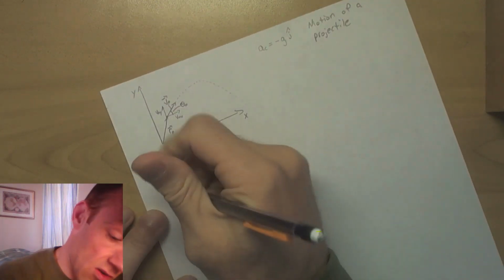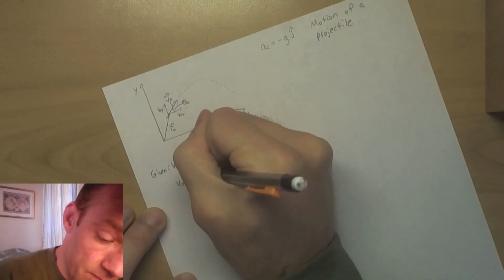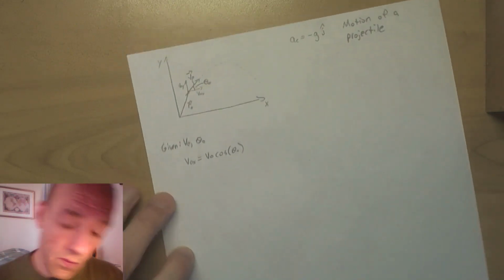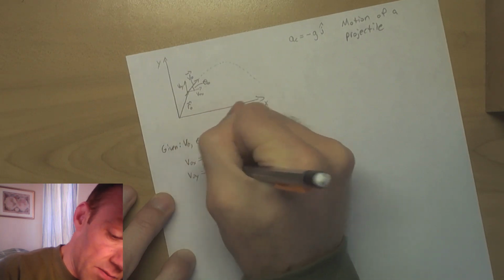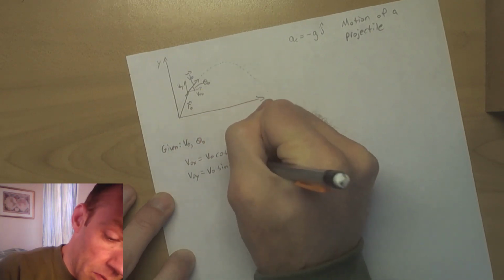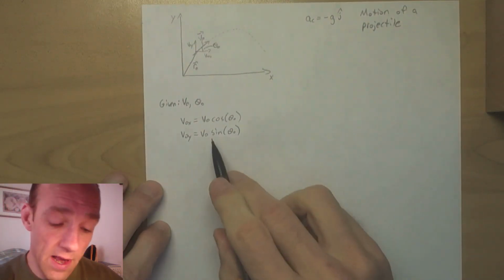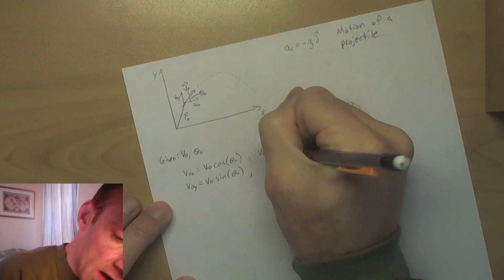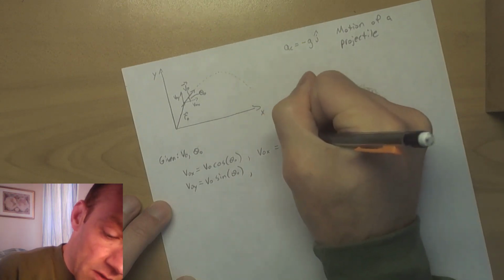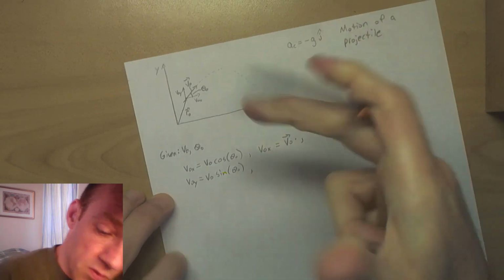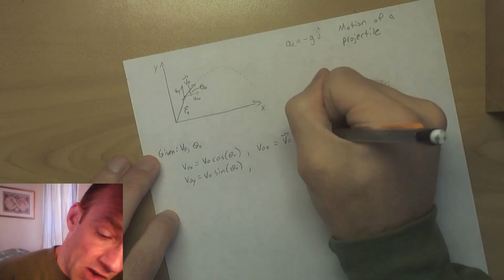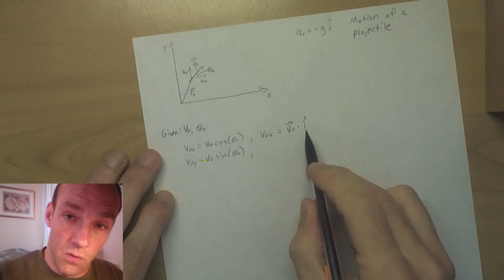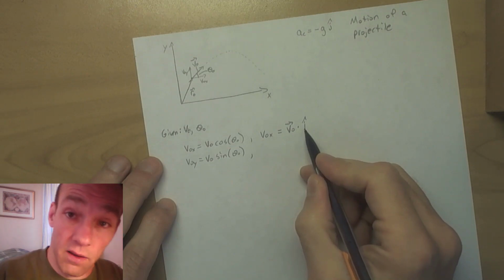All right. So in that case, it's pretty simple that v naught x is just equal to the magnitude times cosine, and then v naught y is the magnitude times sine. Now, just for completeness' sake, I'm going to go ahead and write this down: v naught x, in terms of the vectors, is just a projection of the velocity vector onto i, right?